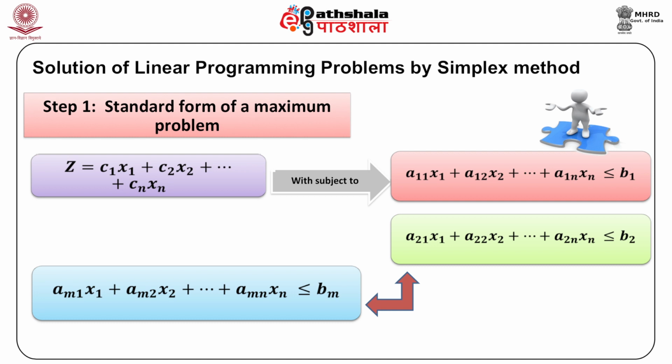A linear programming problem is in the standard form if it seeks to maximize the objective function z equal to c1x1 plus c2x2 plus going till cnxn, subject to the constraints a11x1 plus a12x2 plus going till a1nxn less than or equal to b1, and a21x1 plus a22x2 plus going till a2nxn less than or equal to b2, going till am1x1 plus am2x2 going till amnxn less than or equal to bm.